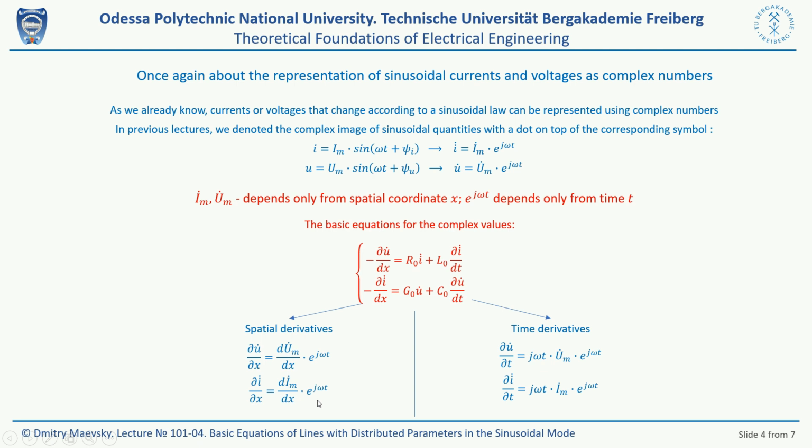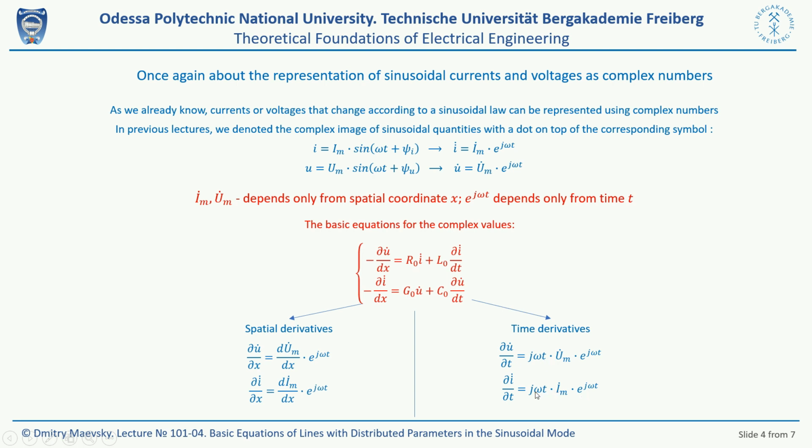Let's move on to finding partial derivatives with respect to time. The complexes of amplitude values of current and voltages do not depend on time and can be taken out of the sign of the derivative. Therefore, we only need to find the derivative of the rotation factor, that is the derivative of the exponent to the power of j omega t.